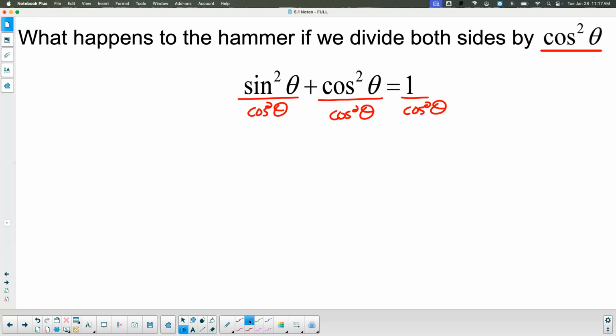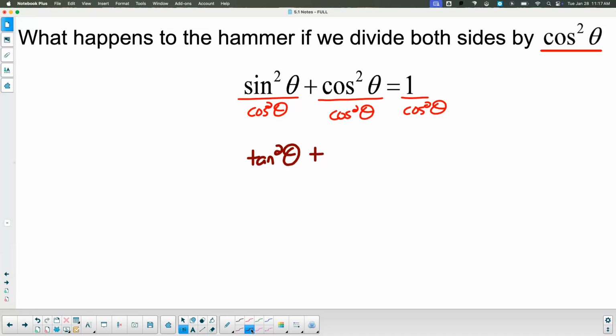Okay, all right. Sine squared divided by cosine squared. That's tangent squared. Cosine squared divided by cosine squared.